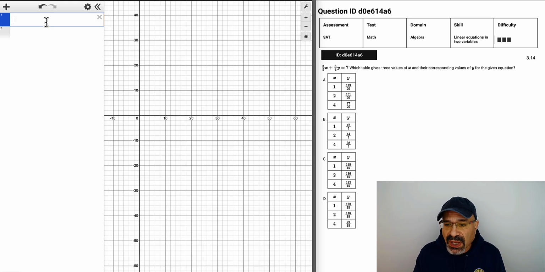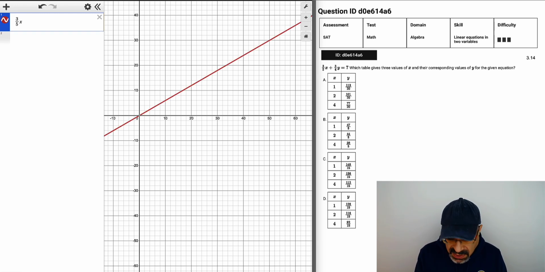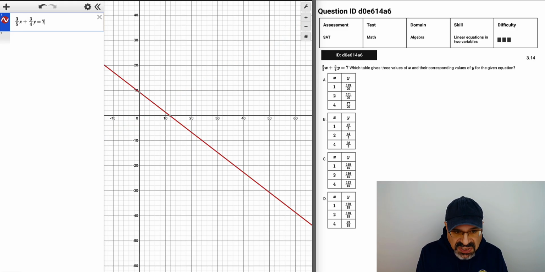So I'm going to copy this equation that they give you in the question, and they're then going to ask you what the corresponding points are that fulfill this equation. So let's go ahead and type that in. We get 3/5 x plus 3/4 y equals 7.